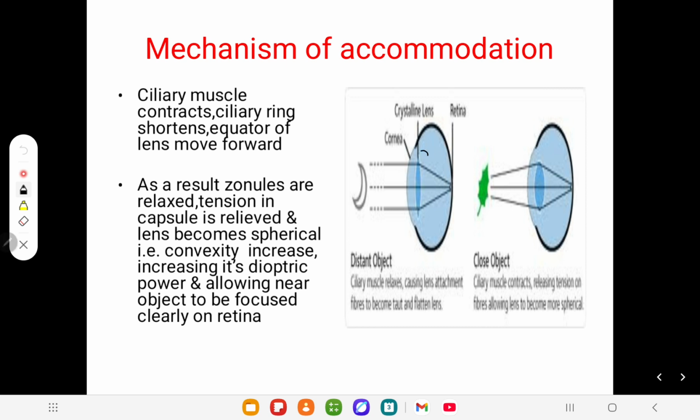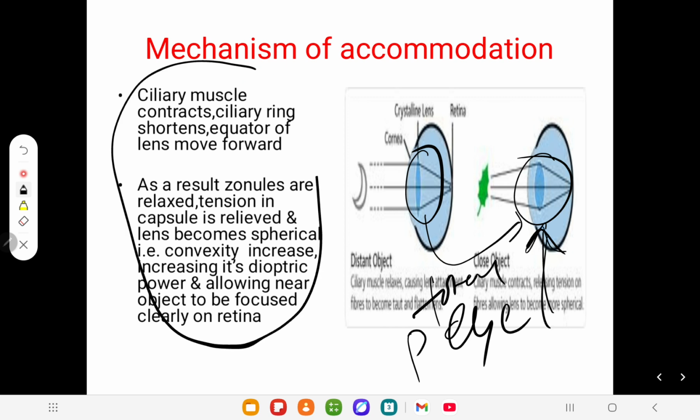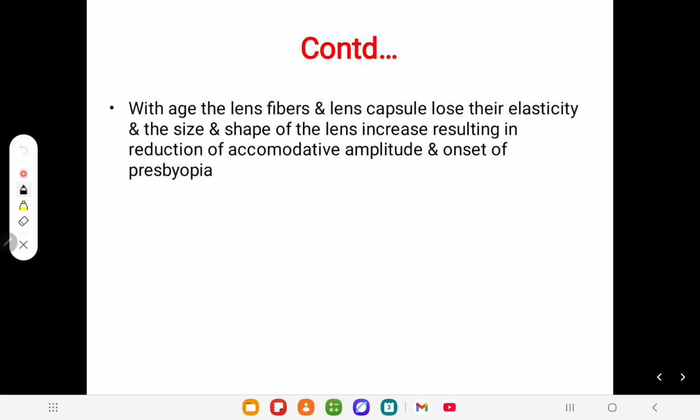So basically, this flat lens becomes more spherical or more convex, and that's why the total power of the eye increases with the help of accommodation. This is the mechanism. We would have to explain this mechanism with neural conduction, and that's called the neural mechanism of accommodation, which is beyond the scope of this video. So move forward.